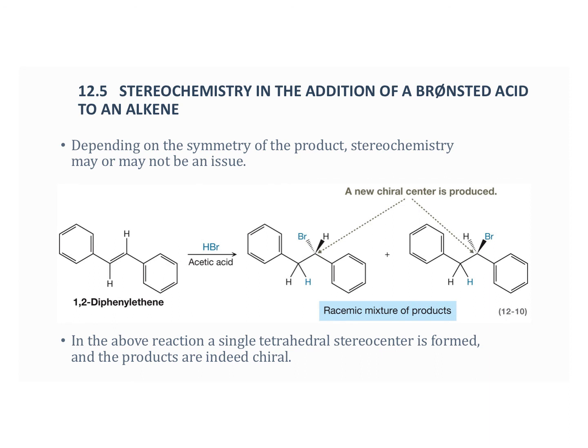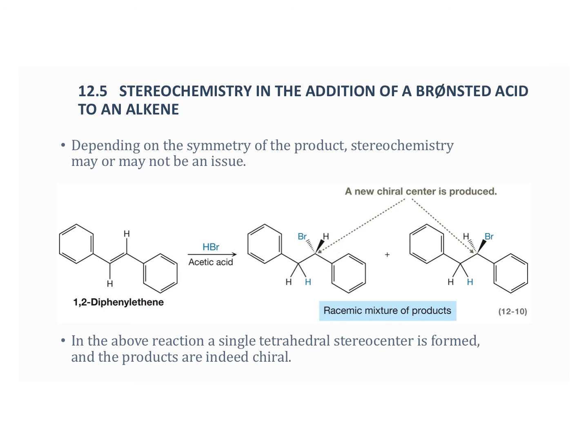And whenever we get new chiral centers, we have to talk about stereochemistry. So, for example, in the reaction shown here, we form a new chiral center. And so because of that, we're going to form a racemic mixture of products. So we're going to end up with 2 products here because we make a new chiral center.